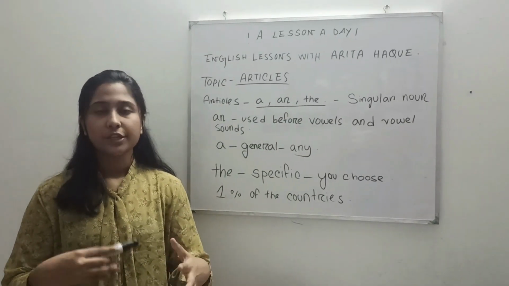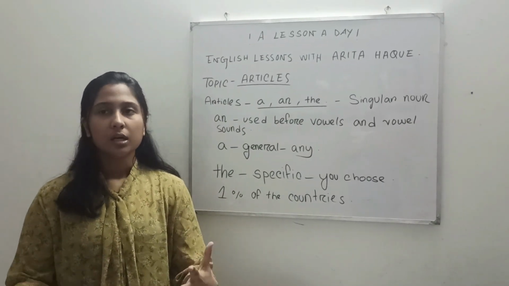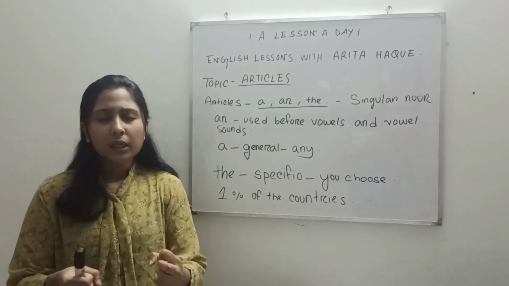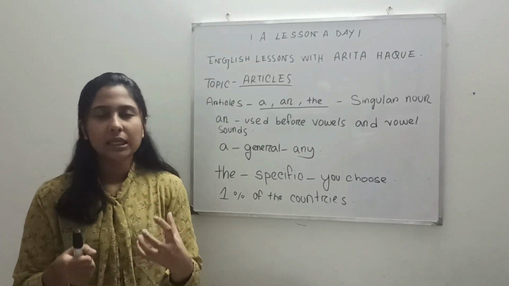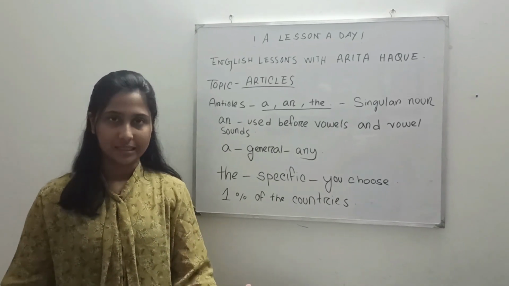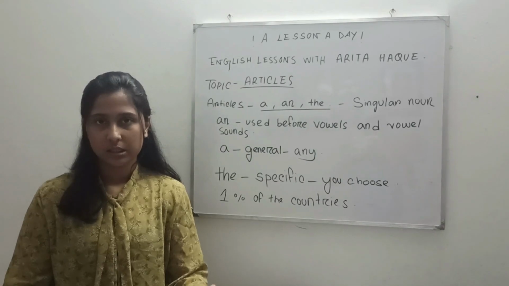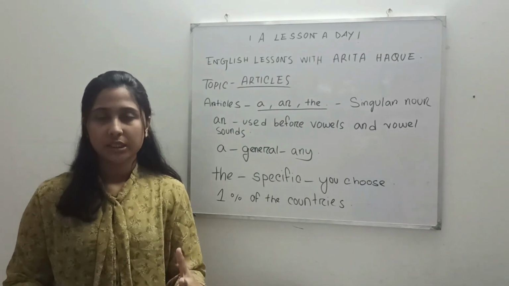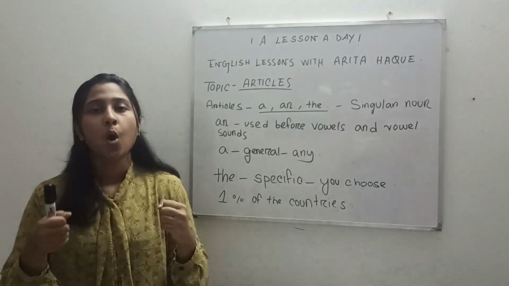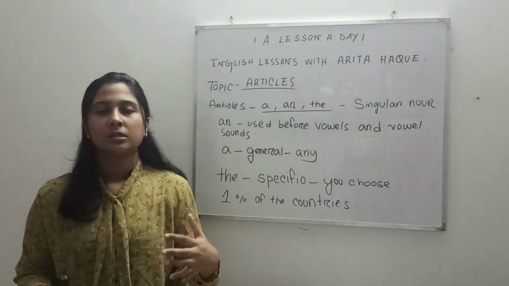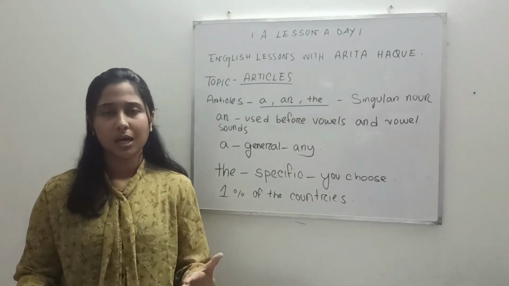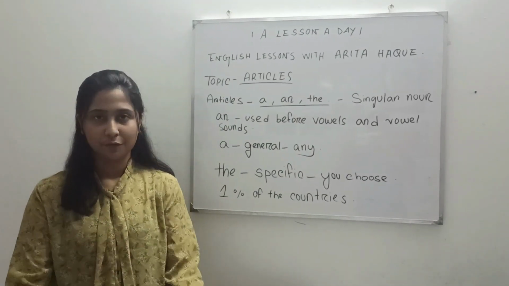Also, just to add to that, there are some countries which are made up of really small and tiny islands. For example, the West Indies, the Canary Islands. So yeah, these countries are made up of really small and tiny islands, and that is the reason we use the before it. So I do not expect everyone from the world to know about this, but just an information.